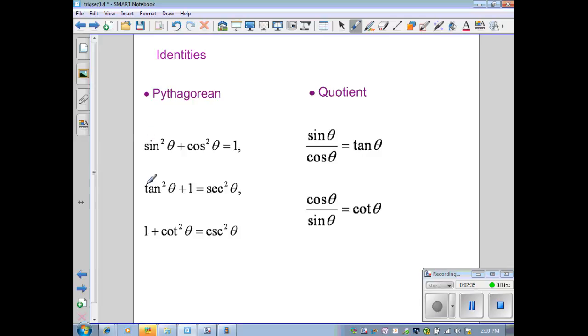On our second one, they do give us a tangent theta, and they give us a secant theta, which we know is the reciprocal of cosine. So if we can find out what secant is, we can find out what cosine is. So I believe this is the identity we need to use to solve this problem.